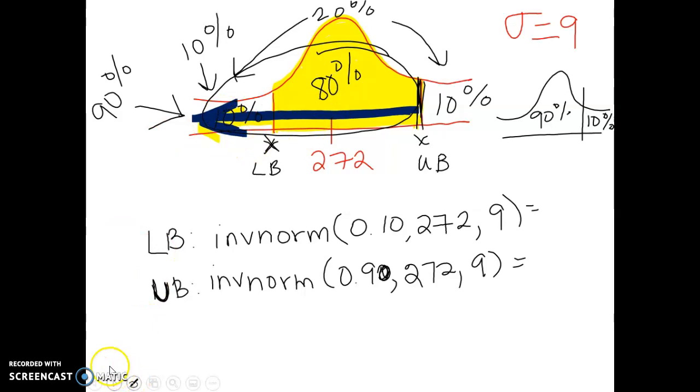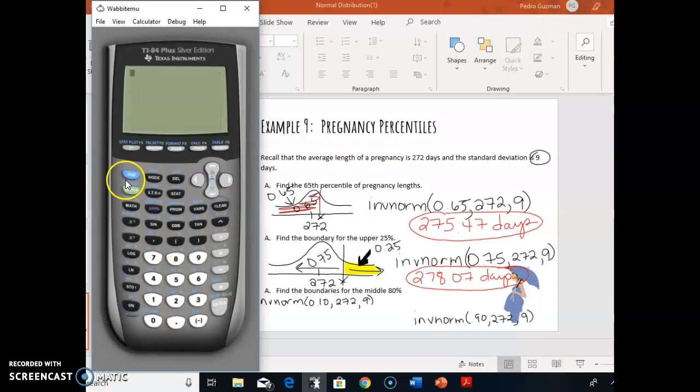So let's use the calculator. Okay, so let's do the left boundary, 2nd Vars number 3. We want to put in 10% or 0.10, 272, 9, and we get 260.466, which is 260.47. And for the upper boundary, we would do 2nd Vars number 3, 90% or 0.90, 272, 9.